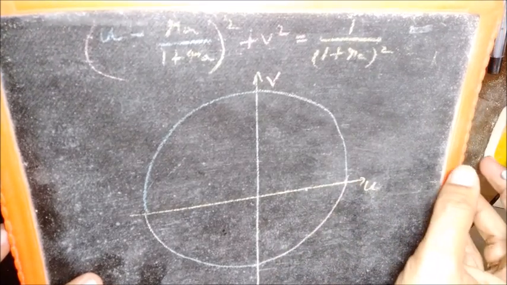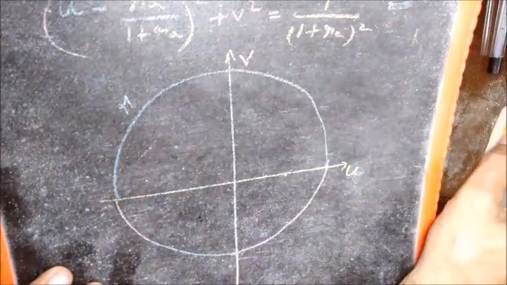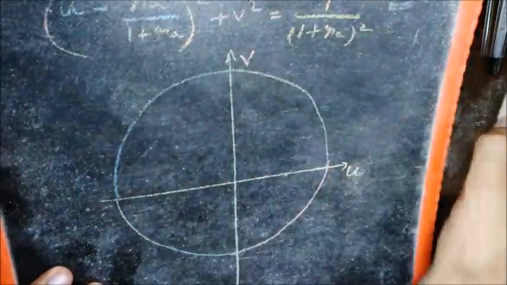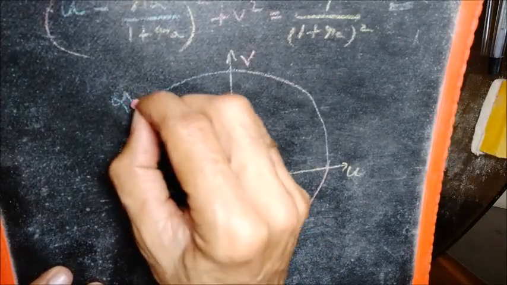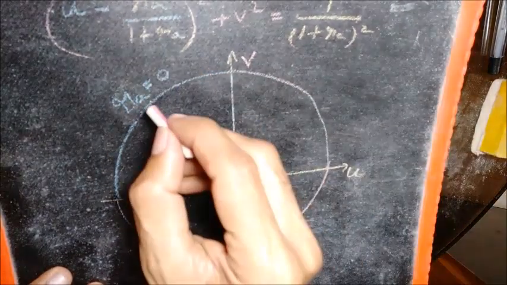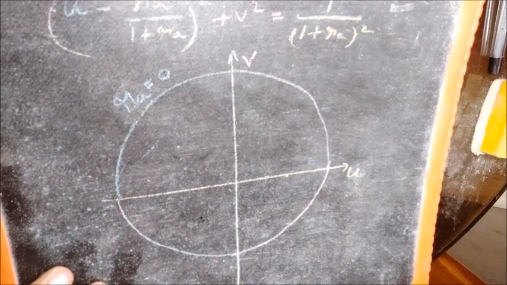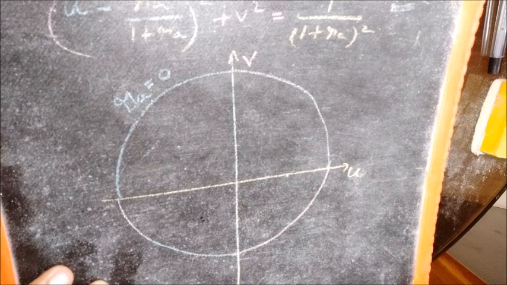So this circle represents a case where the resistive part of the normalized impedance is 0. Of course, normalization is division by R0.